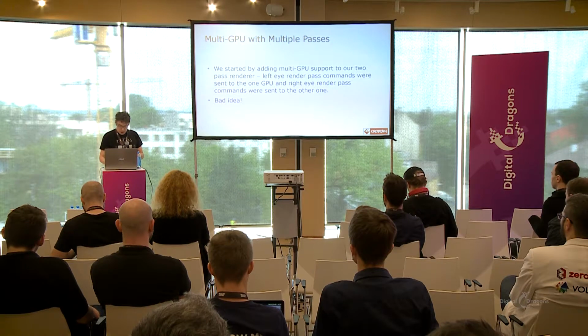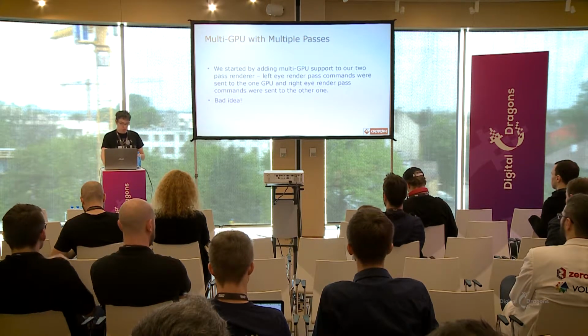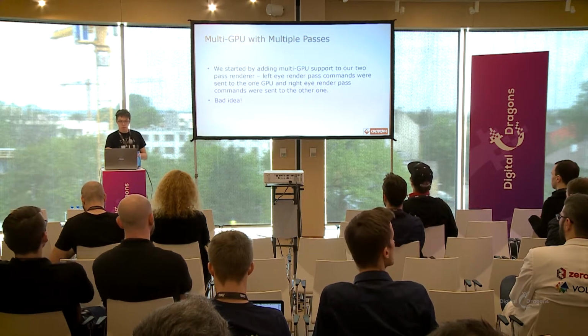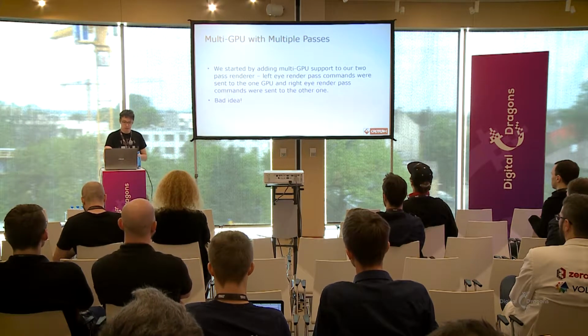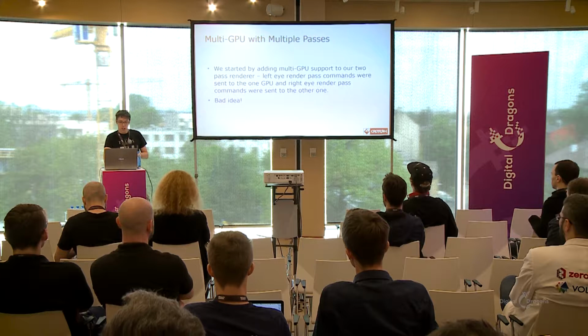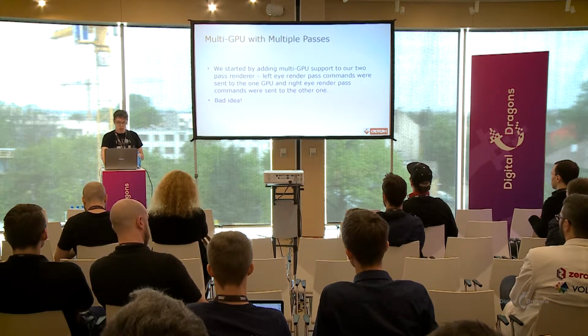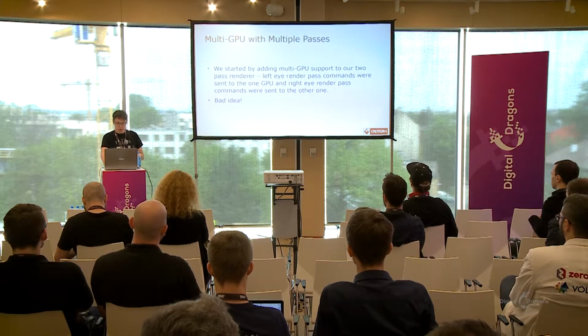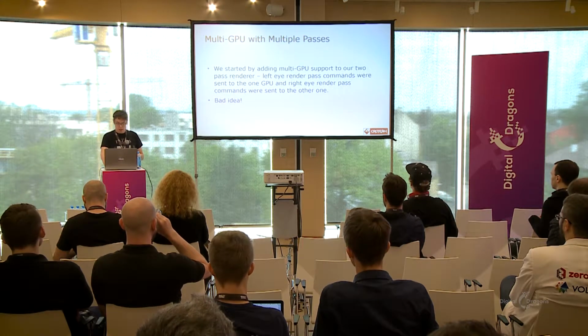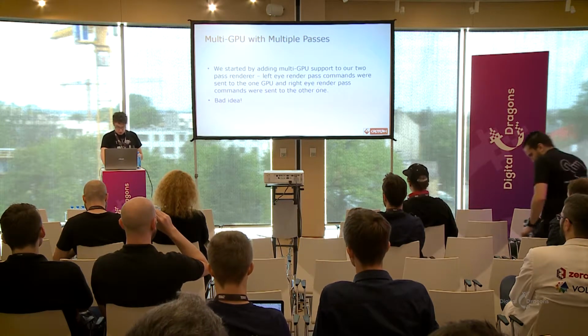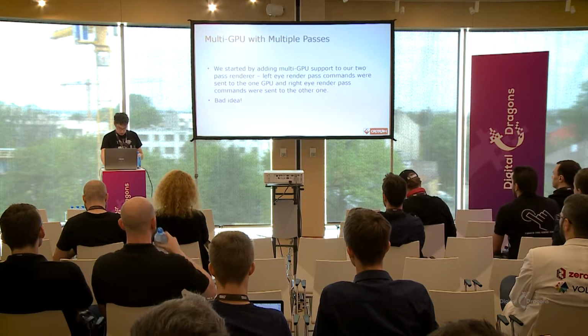So, our first attempt at multi-GPU rendering was to just tack it onto our existing 2-pass renderer. So we added functions to give the commands for the left eye to one GPU and the commands for the right eye to the other GPU.